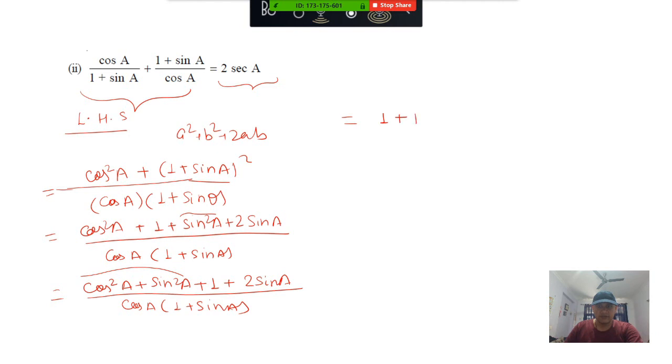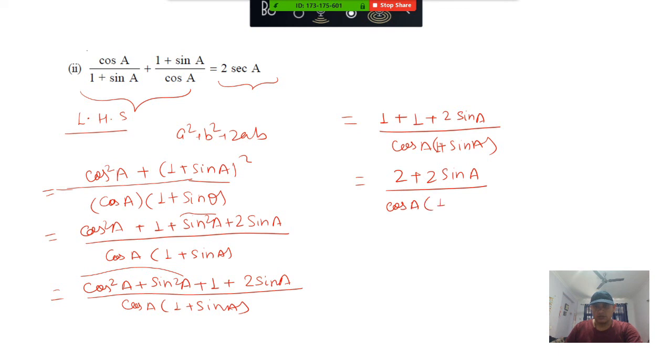This becomes 1 we already have, plus 2 sin a, divided by cos a into bracket 1 plus sin a, that is 2 plus 2 sin a upon cos a 1 plus sin a, that is 2 into 1 plus sin a upon cos a 1 plus sin a.